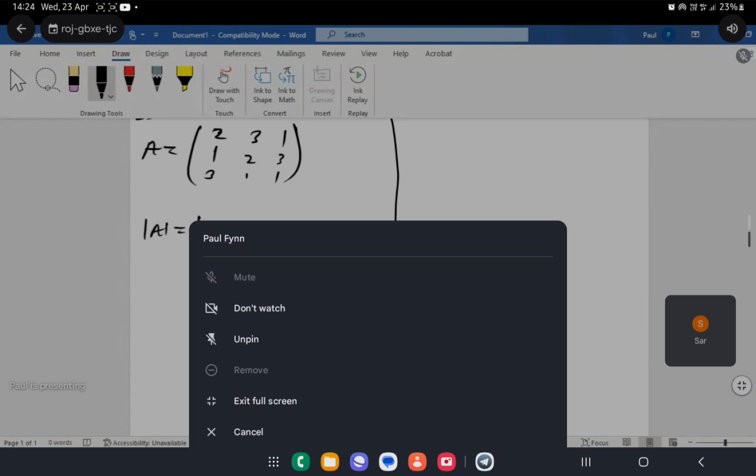So the determinant of the main matrix becomes 2, 1, 3, 3, 2, 1, 1, 3, 1. Then you repeat the first two columns: 2, 1, 3, 3, 2, 1.